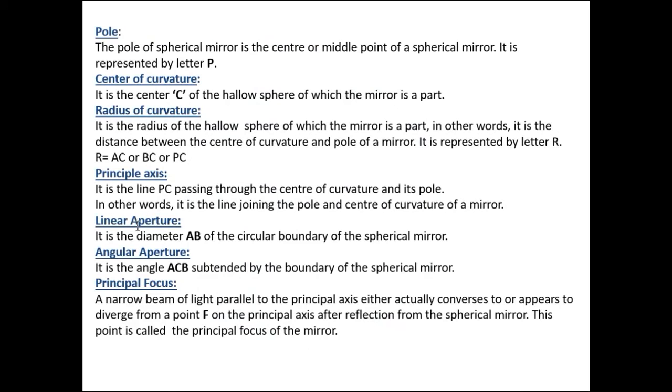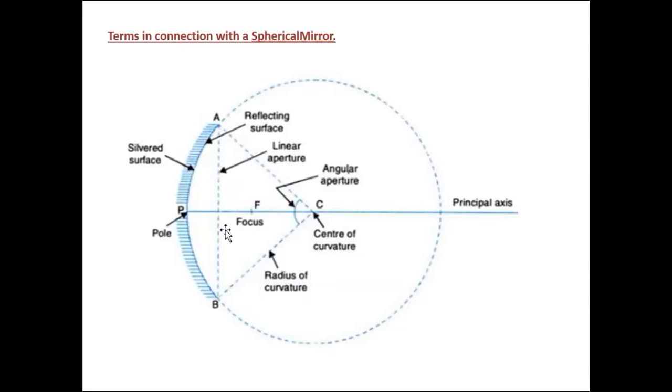Then linear aperture. It is the diameter AB of the circular boundary of the spherical mirror. This is the spherical mirror APB. AB is the diameter of the spherical mirror. The AB is called what? Linear aperture.